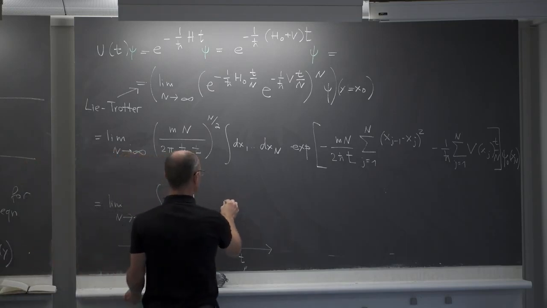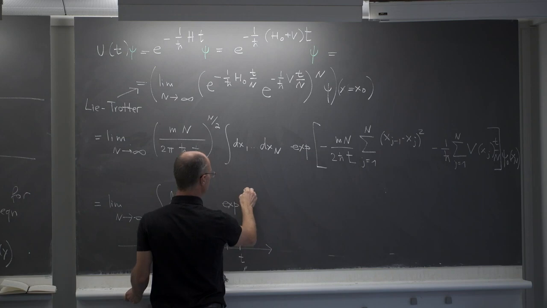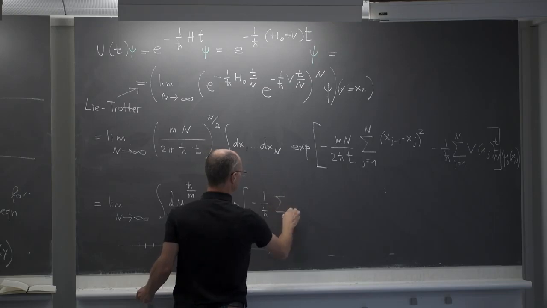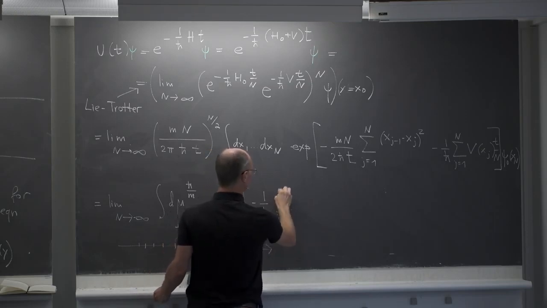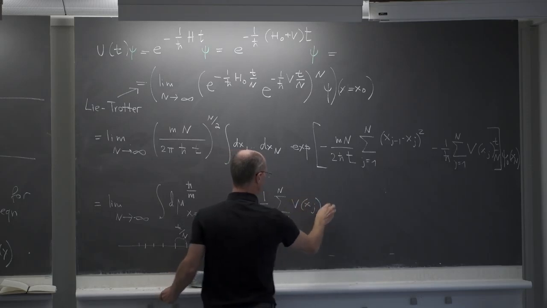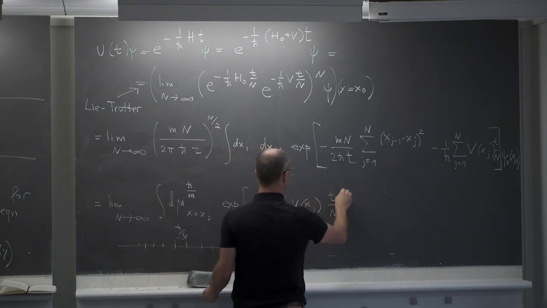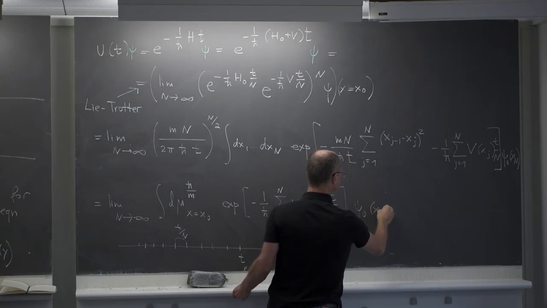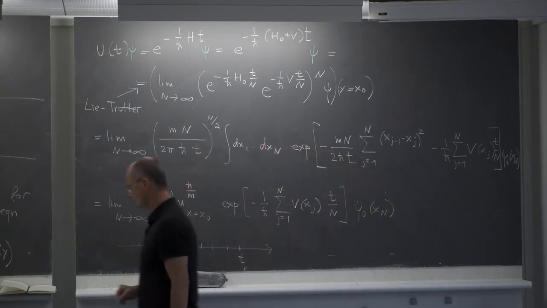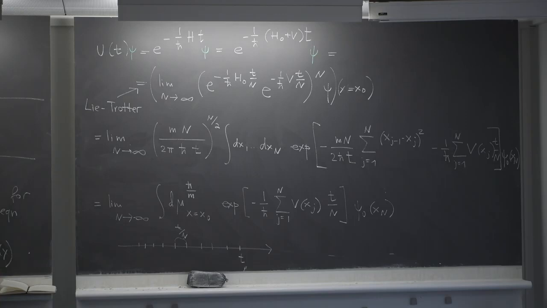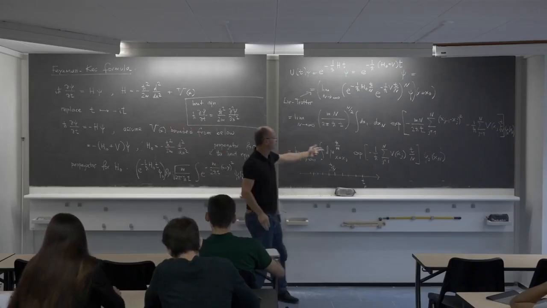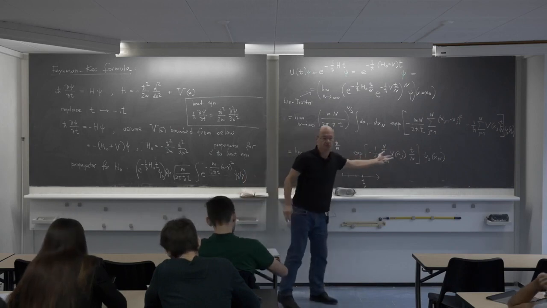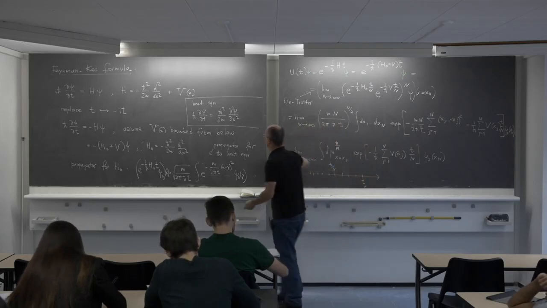And here will be the exponential of minus 1 over h, sum j from 1 to n of v of xj times t over n, psi naught of xn. Here I'm just using the defining property of the Wiener measure. So this is just an identity.